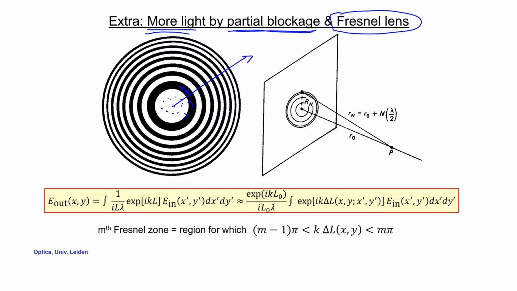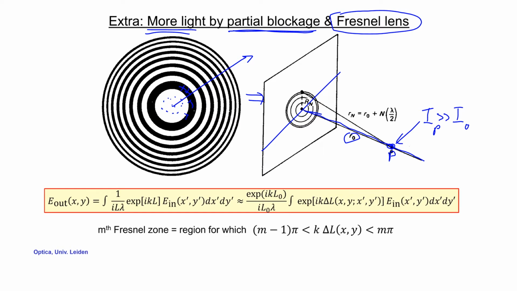If you illuminate this Fresnel lens from the back with a plane wave, and look on axis at the intensity at a point at a certain distance r0 from the lens, you can find that the intensity at this point can be much, much bigger than the incident intensity which you would observe in the absence of this screen.